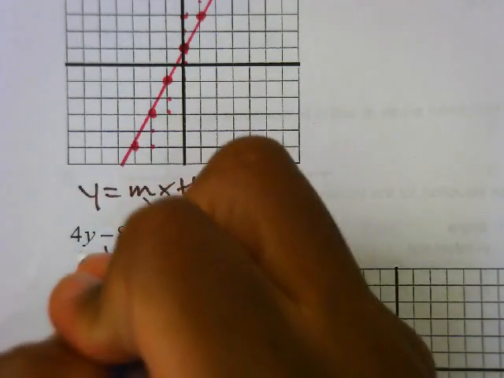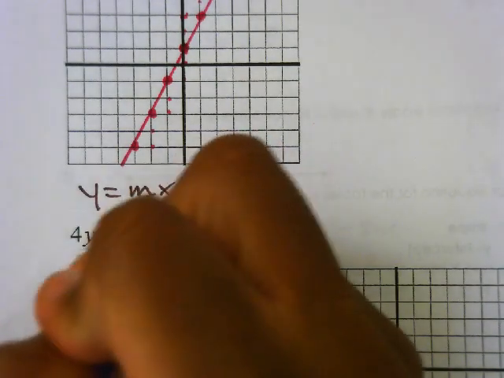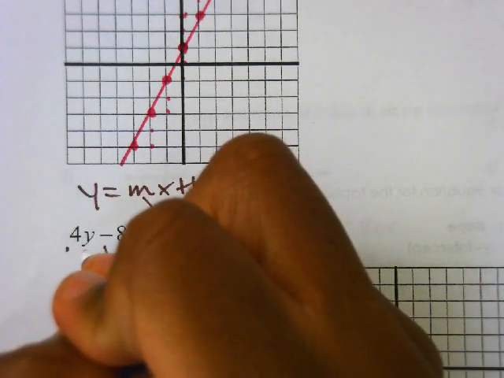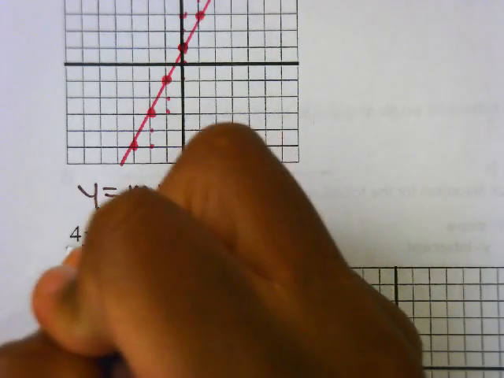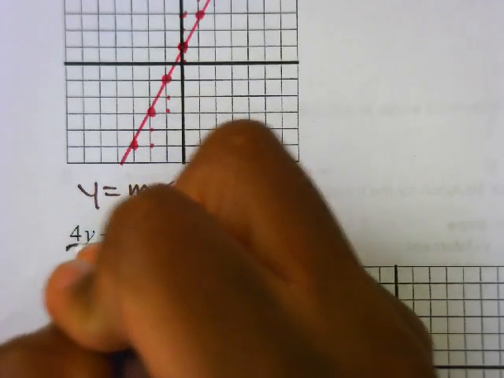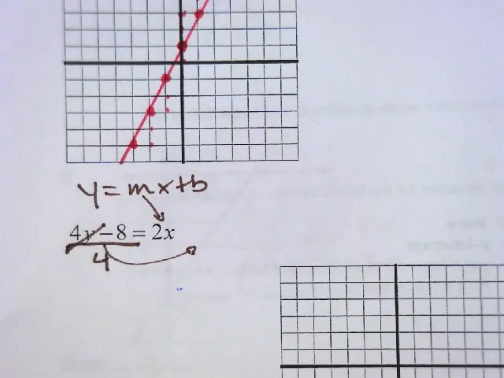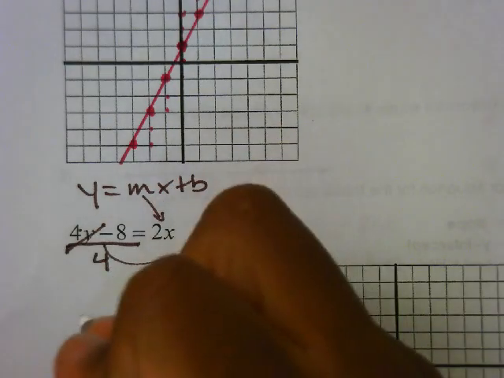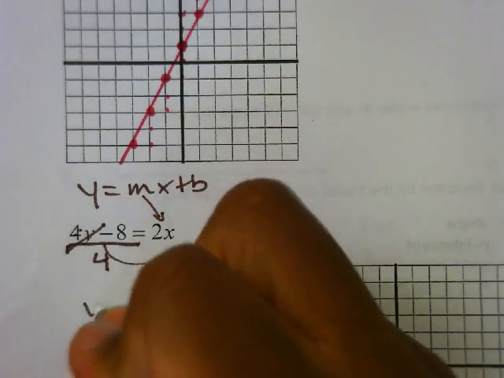We divide this whole side by 4 because we need to get rid of this y. And so we divide by 4, the y goes away, the 4 goes away, so it's just y.